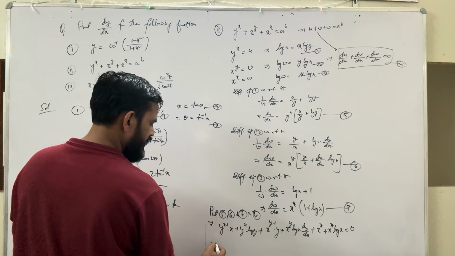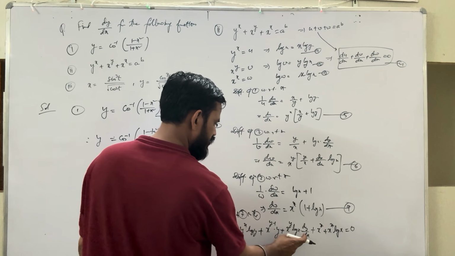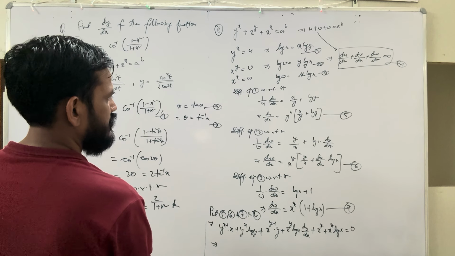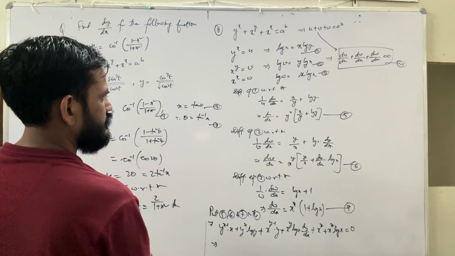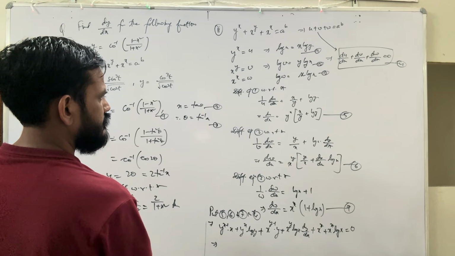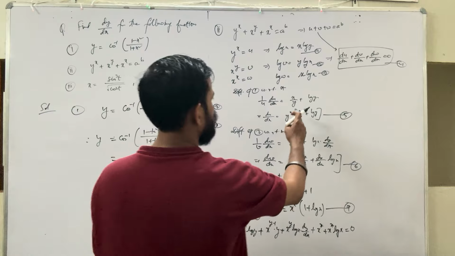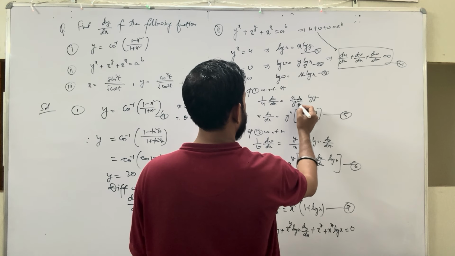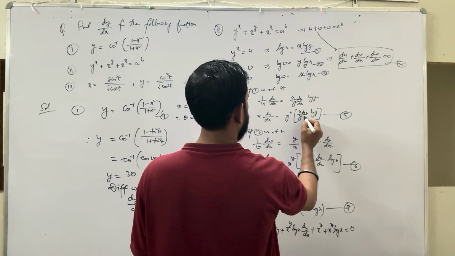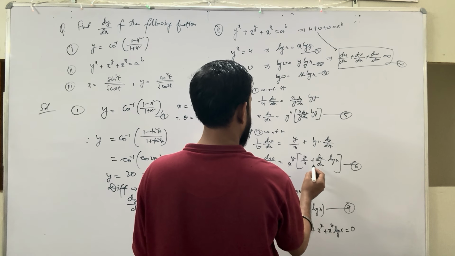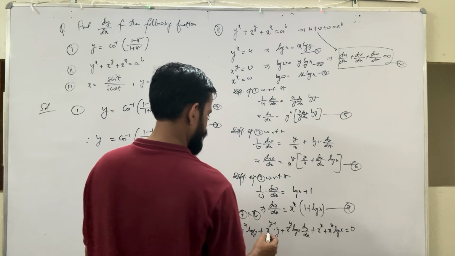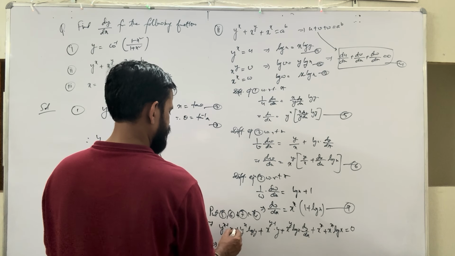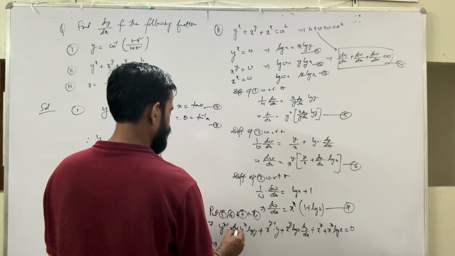Now from here we take out dy by dx common. Oh, we should be getting dy by dx here as well, because we are differentiating log y. So dy by dx into dy by dx.